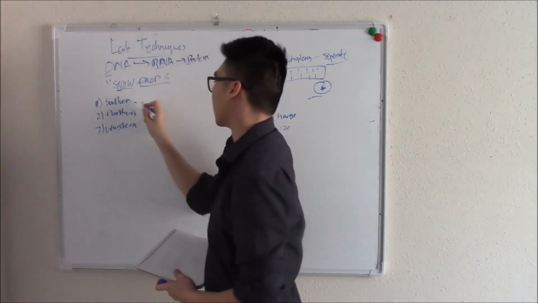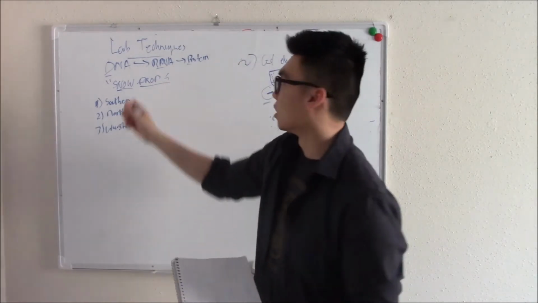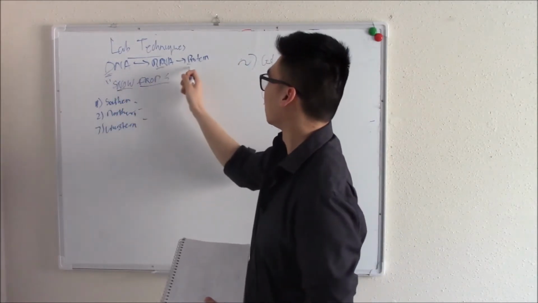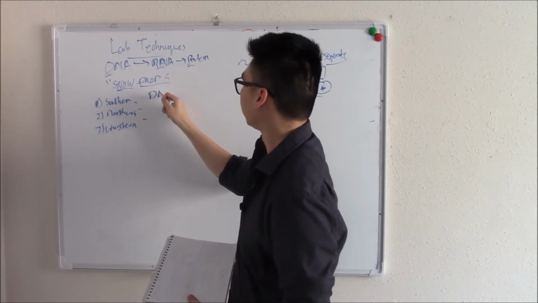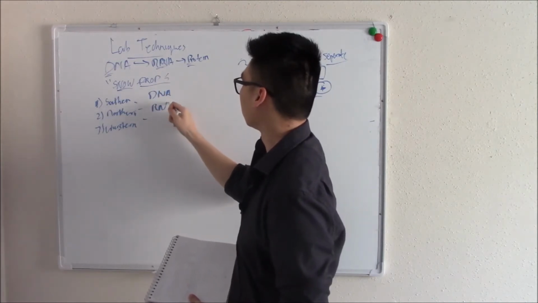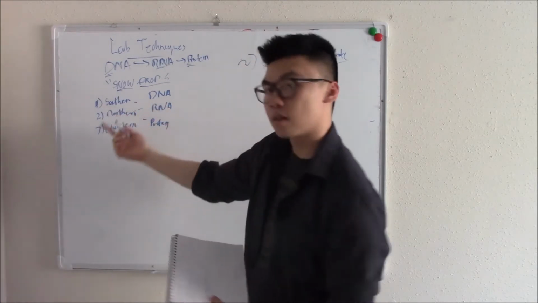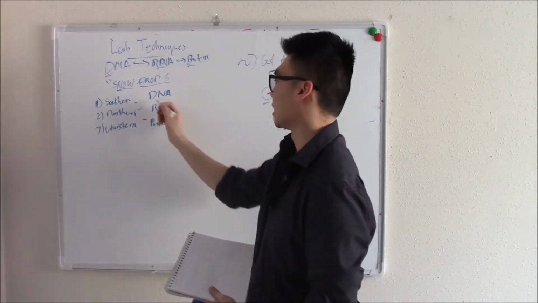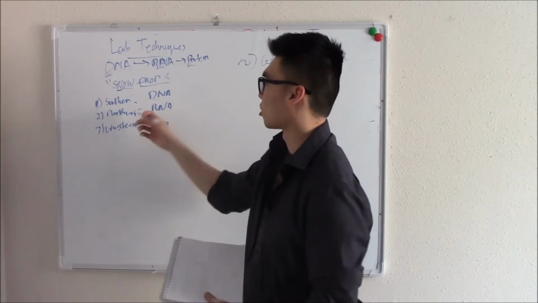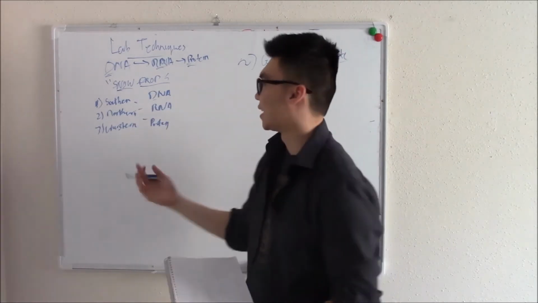And then the DROP is named after what they detect. So it's going to be your DNA, RNA, and your protein. So your Southern blot detects DNA, Northern blot detects RNA, and then Western blot detects protein.